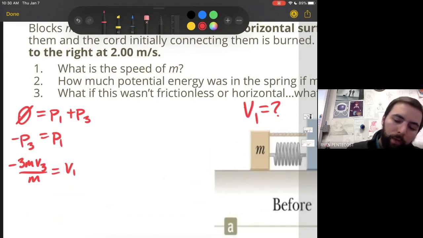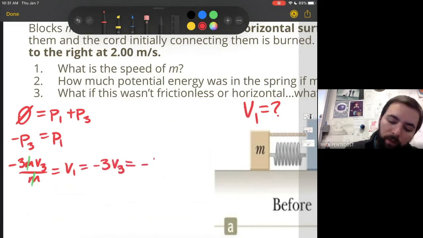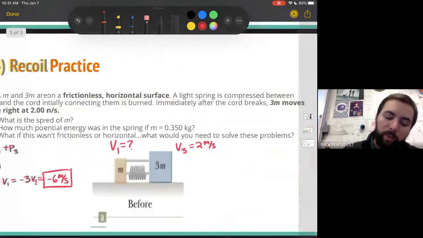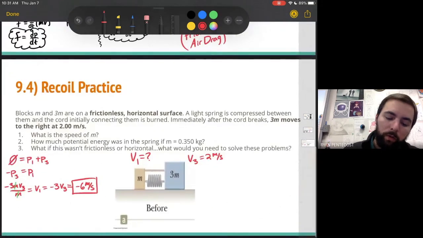The m's will cancel, meaning you would have negative 3 times v3, which is 2. So you've got negative 6 meters per second. This is negative because it's traveling to the left. Left is colloquially negative, whereas right is colloquially positive. So that's the speed of m, just using a quick recoil practice.